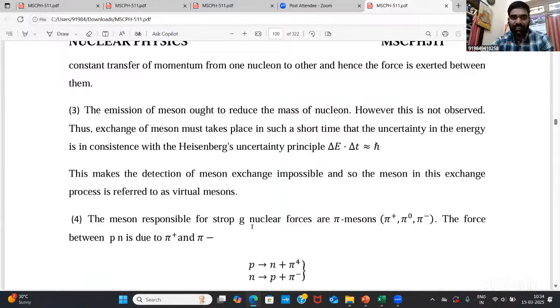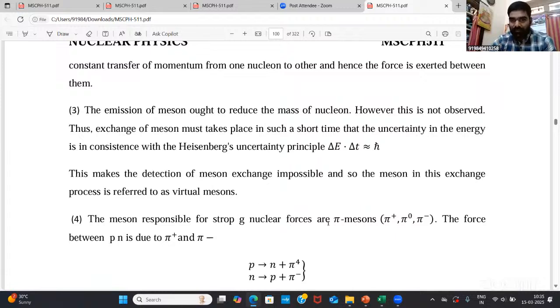The mesons responsible for strong nuclear forces are pi mesons. The force between proton and neutron is due to pi plus and pi minus. Pi mesons are the most responsible particles, which help bind the nucleus and give it strong binding energy.